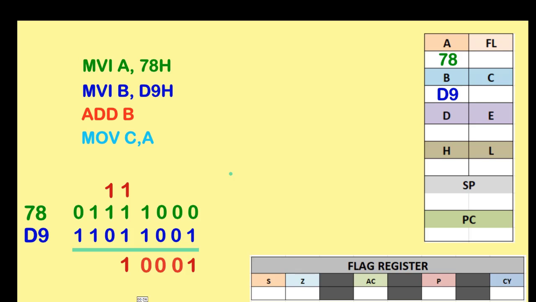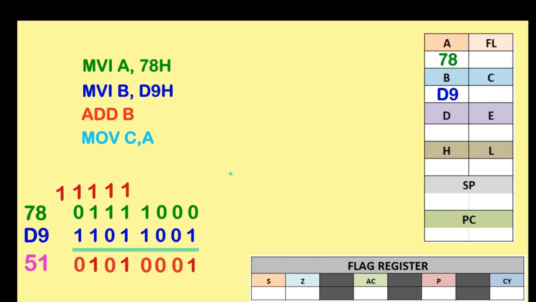Then again 1 plus 1 plus 0 is 0, carry 1. Then next we have 1 plus 1 plus 1, which is 1, carry 1. And finally we have 1 plus 0 plus 1, so it becomes 0, carry 1. Now a carry is generated. So the result is 51 after addition.